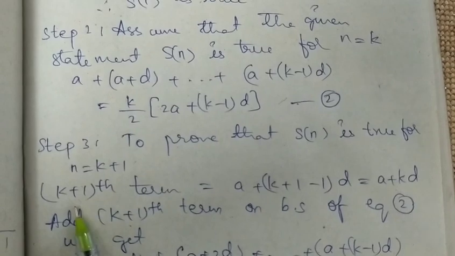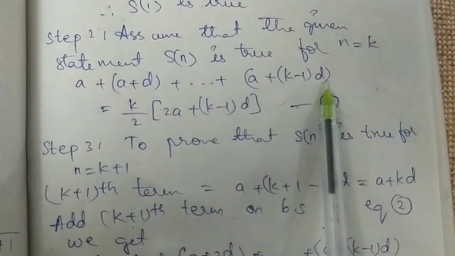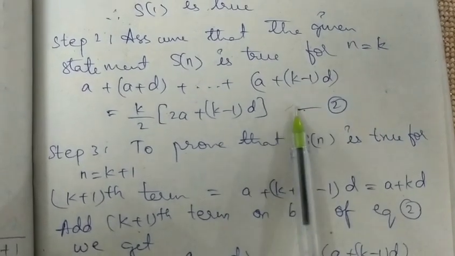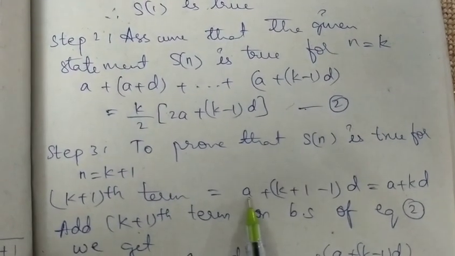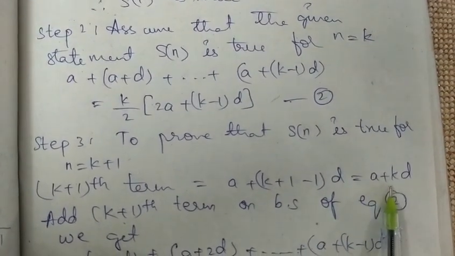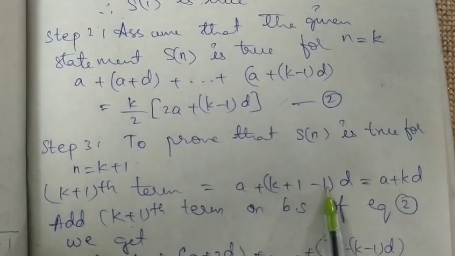For this we want the k plus 1th term. So in the kth term you have to substitute k as k plus 1. On substituting you get a plus k plus 1 minus 1 into d, which is equal to a plus k into d, as plus 1 minus 1 gets cancelled.